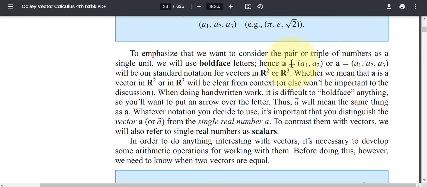This vector could be called A. Sometimes they'll use an arrow, and that's much more typical when you're writing on a board than when you're typing it in a textbook. So vectors are bold, and if we're just talking about a number, which is also called a scalar, then we don't use bold. We just use something like A.